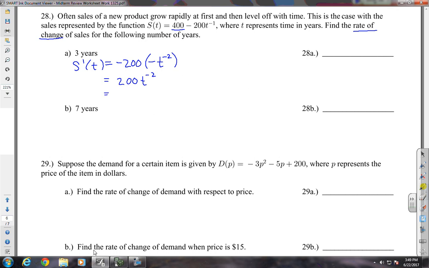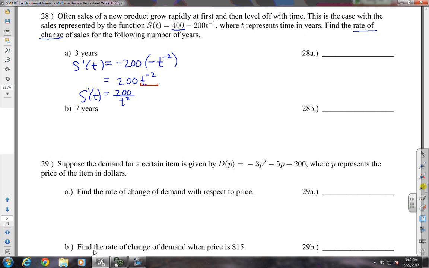If you wish, you can express that as a fraction, as long as you understand this exponent only applies to the t, not the 200. So as a fraction, this is 200 over t squared. So we've calculated our derivative function. We will use that to find the answer on part A and part B.